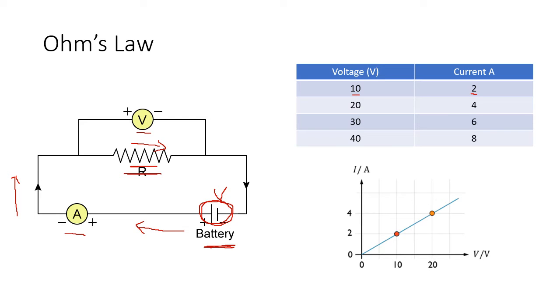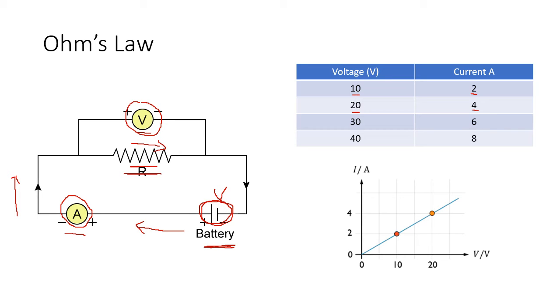And the current flowing through this material is measured by the ammeter, which is shown as 2 ampere. Now when I increase the voltage to 20 volt, the potential is shown in the voltmeter as 20 volt, and the current now has become 4 ampere. So what you can see here, as I keep on increasing the voltage, the current is also increasing.